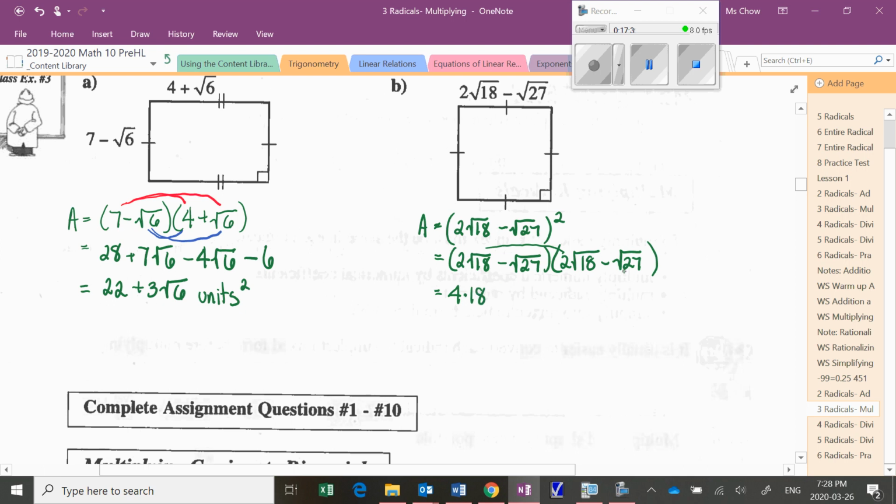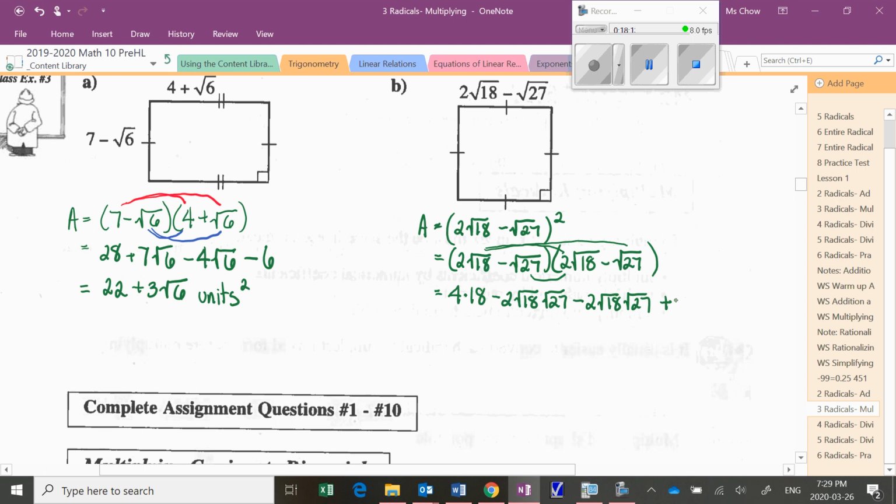And then we've got our outside there, so 2 root 18 times negative root 27, sorry, so then that is minus 2, I'm just going to write root 18 times root 27 here, like that. And then again in the middle we've got the same thing, so negative root 27 times 2 root 18, so that's negative 2 root 18 times root 27, and then negative times negative is of course positive.